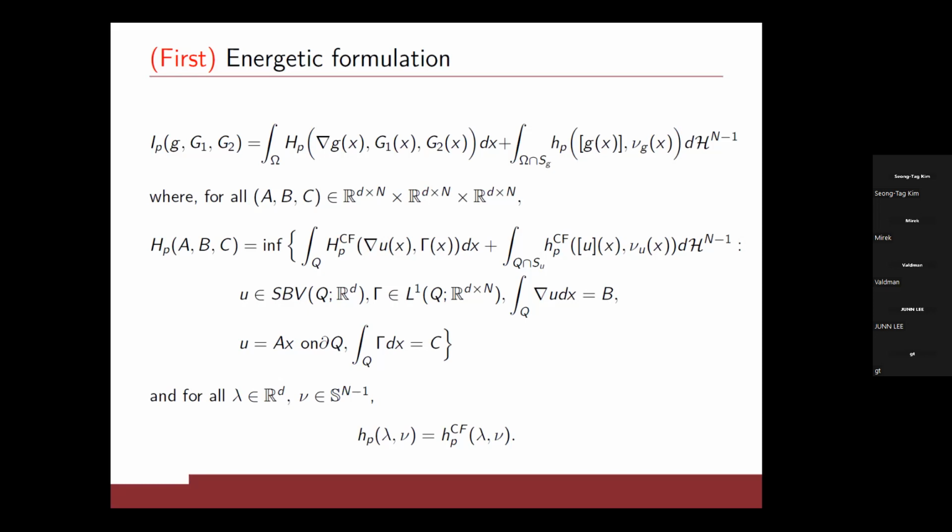And also, your density H_p can be represented as a minimum problem depending on the original energies, not really the original energies, but the one which comes from the Choksi-Fonseca expression. So this is this infimization of this H_p^CF and the little h^CF, requiring what?